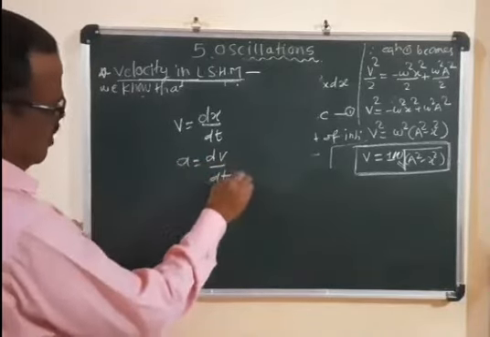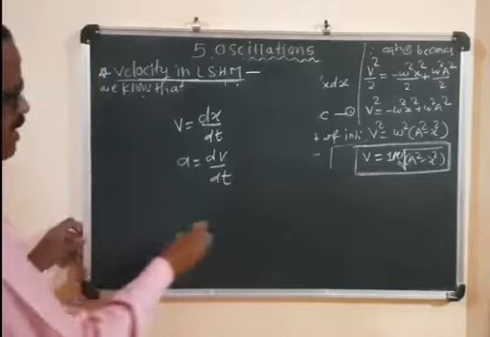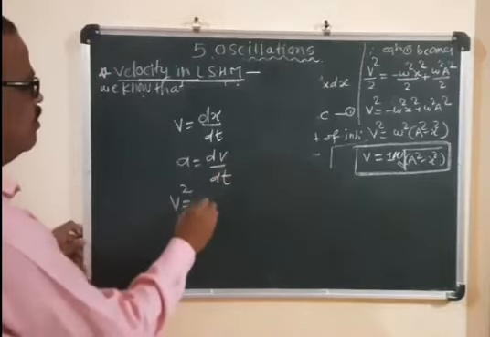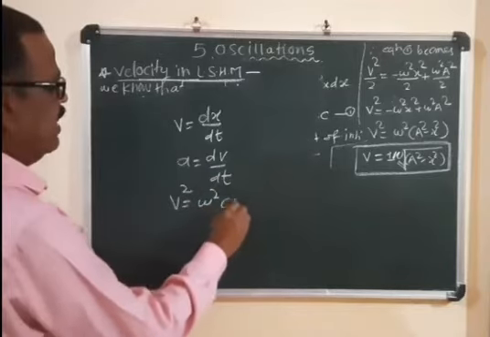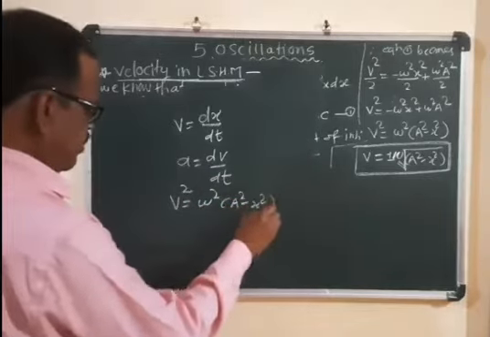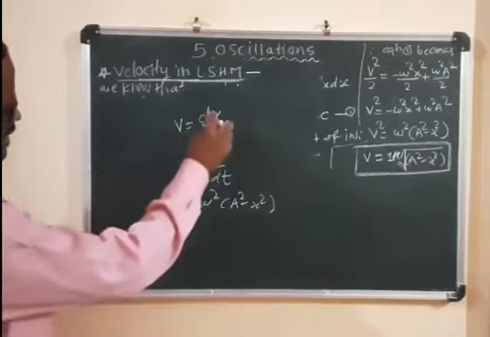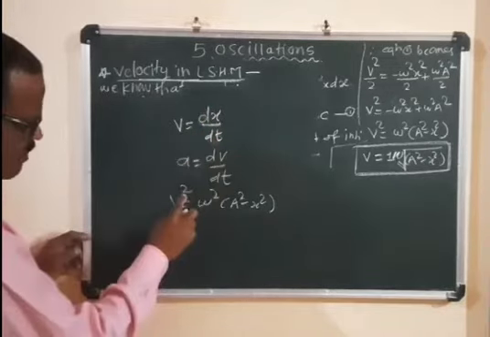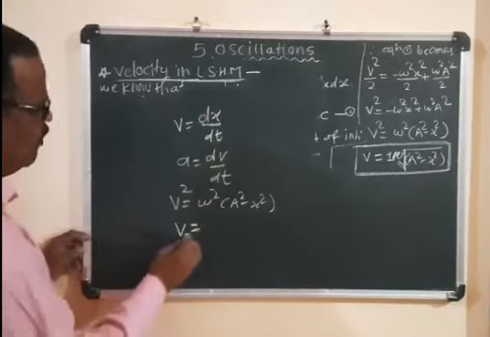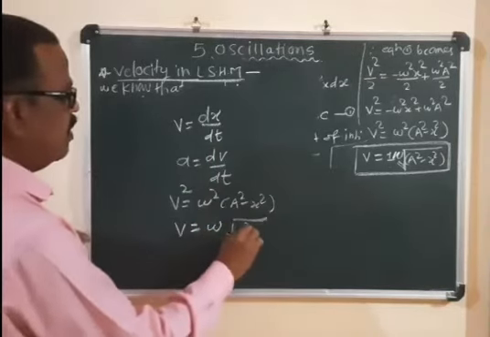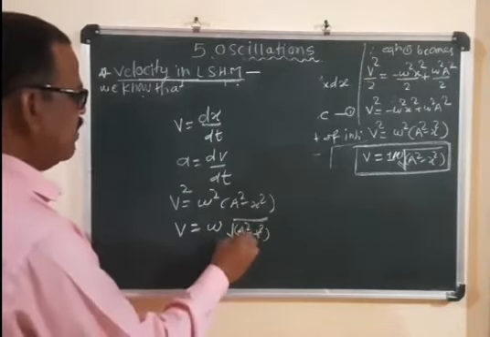The velocity formula we can also write as v square is equal to omega square into a square minus x square. We get the velocity formula like this. We can also write this formula in a different way, that is dx by dt. V means also v is equal to plus minus omega into square root of a square minus x square.